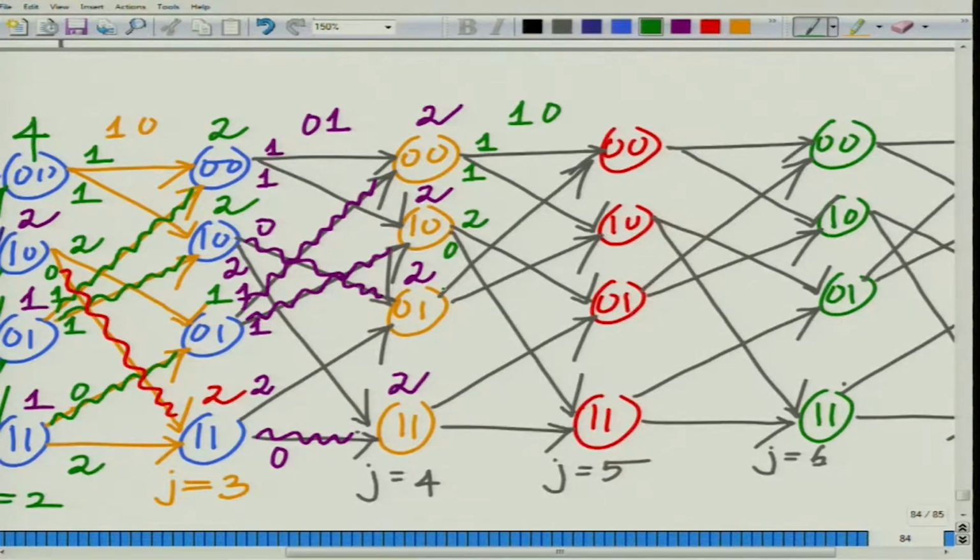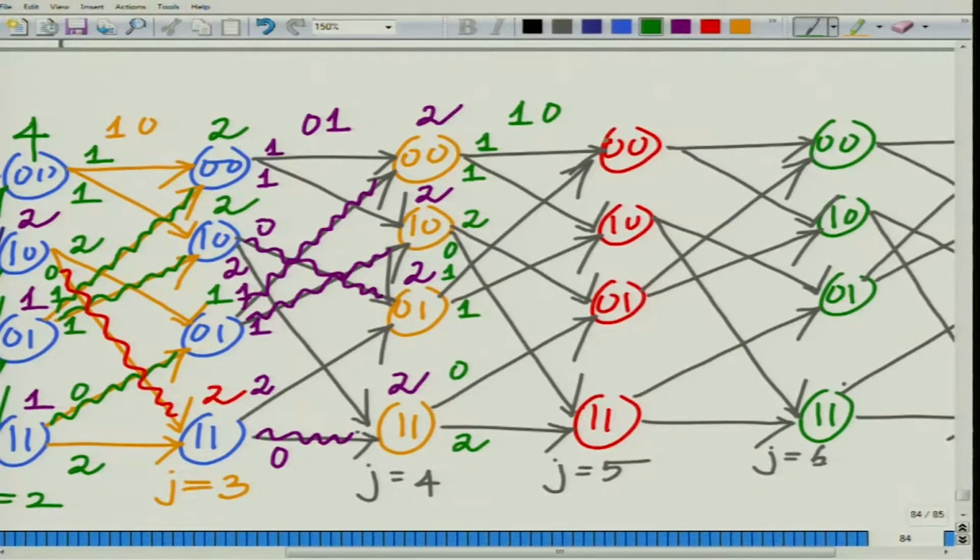Between 0 1, top branch will be 1, bottom branch will be 1, and from 1 1 the top branch will be 0, bottom branch will be 2, because bottom branch corresponds to output 0 1, having distance between 0 1 and 1 0 is 2.